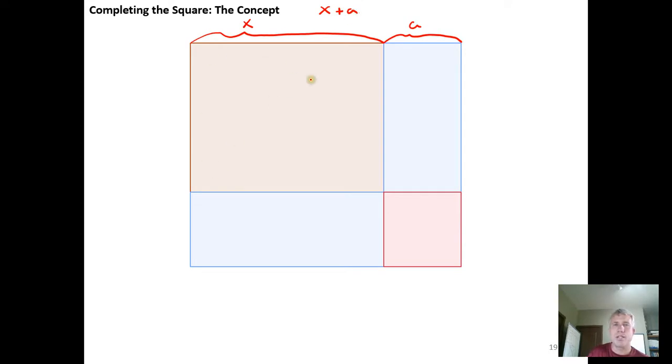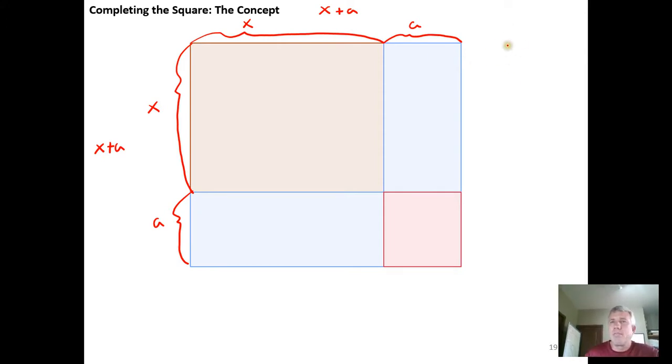I've constructed a square, so I know if this is length x here, then this length right here is also length x, and this length right here is also length a. So I have a square that's x plus a units wide and x plus a units high, where a could be a signed number, and that would be all right.